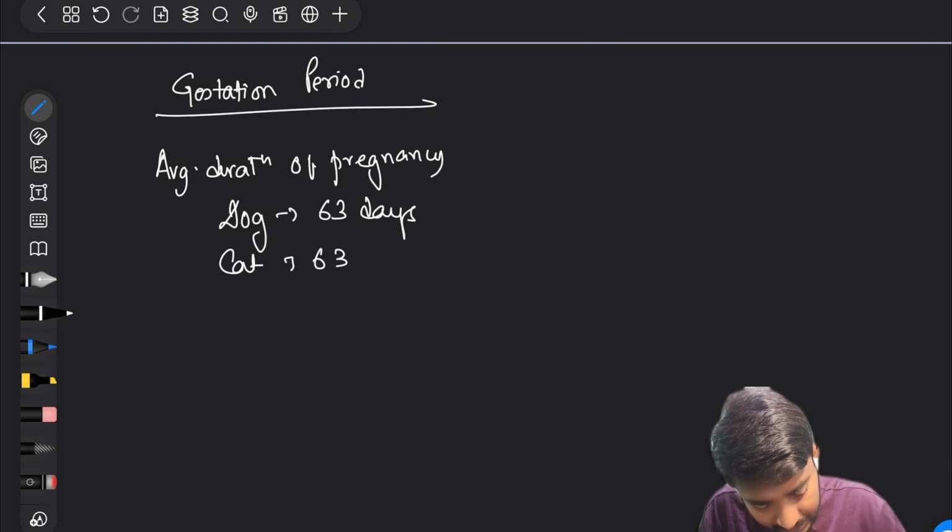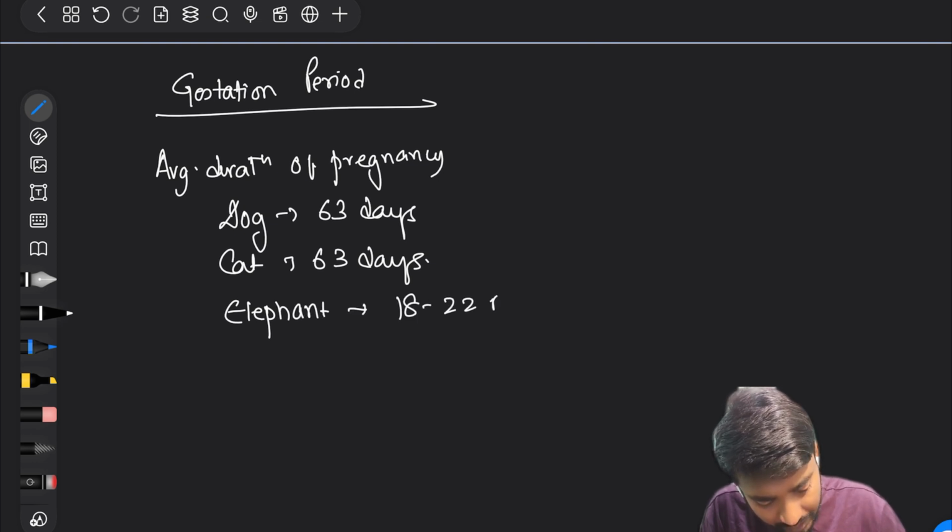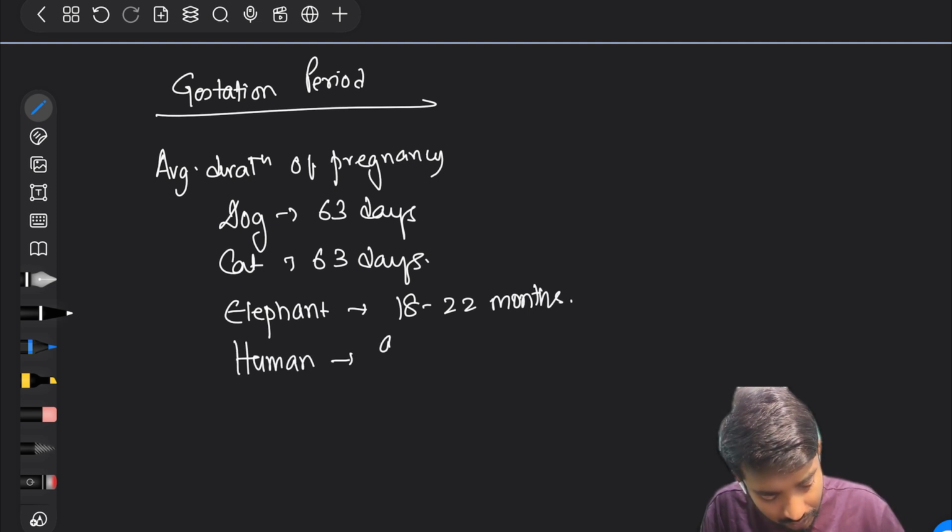Cat, it is 63 days. Elephant, it is 18 to 22 months. Human, 9 months.